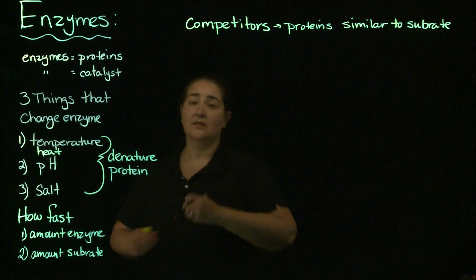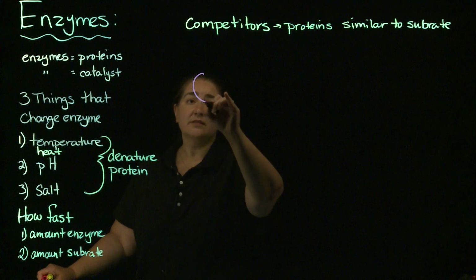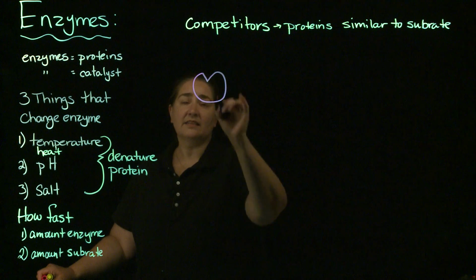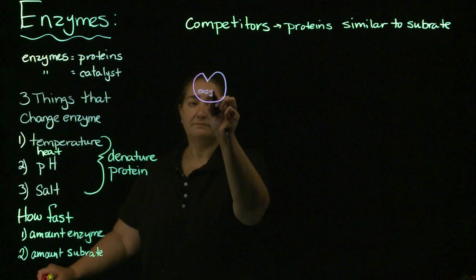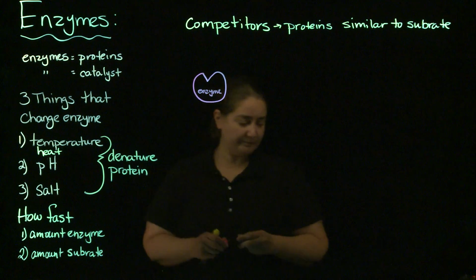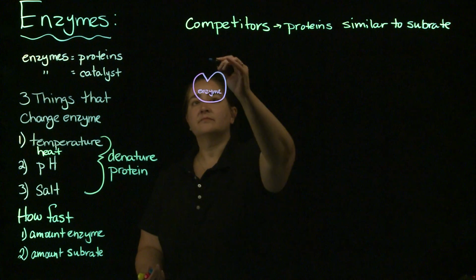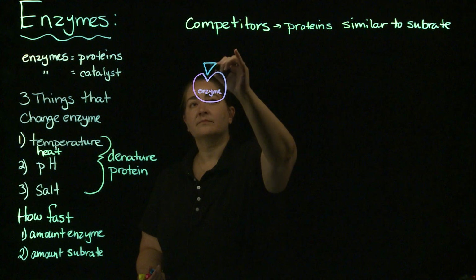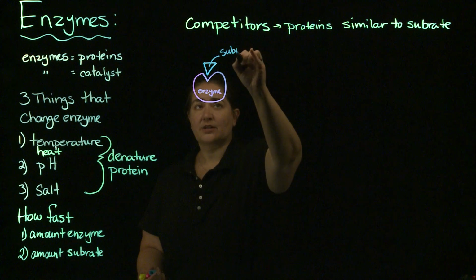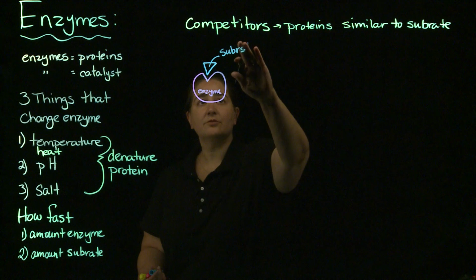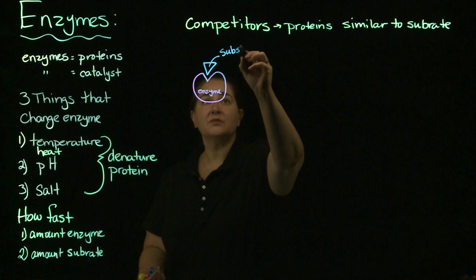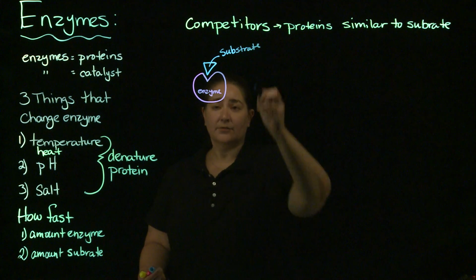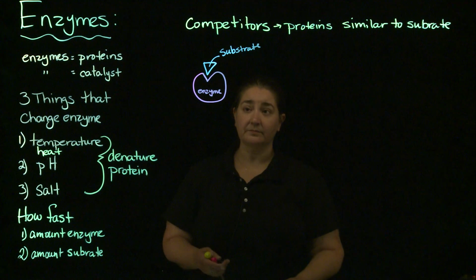All right, so I'm going to draw this because I think it's a little easier to visualize. This is our enzyme. This is our substrate. Oh goodness, that's not spelled correctly at all. Substrate. There we go, right?